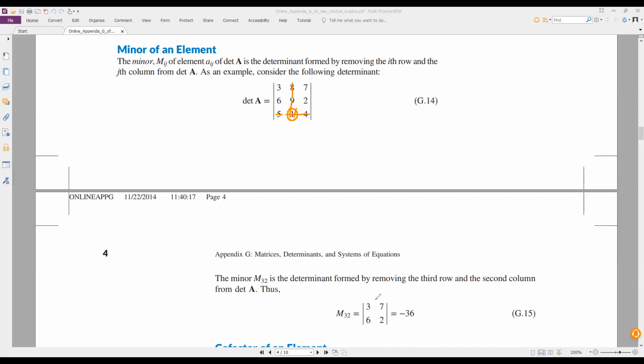Remaining parts will be there to calculate the determinant. The minor M32 is the determinant formed by removing the third row and the second column from the determinant. That means if you want to calculate the minor M32, then you have to use these tricks. So M32 would be minus 36. Okay.